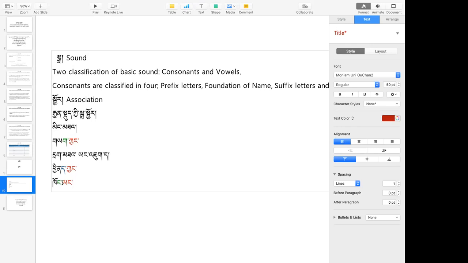So him, he or she, kong yang. So we have yang here, which is used as the inclusive or ornamental particle because of this particular suffix letter.